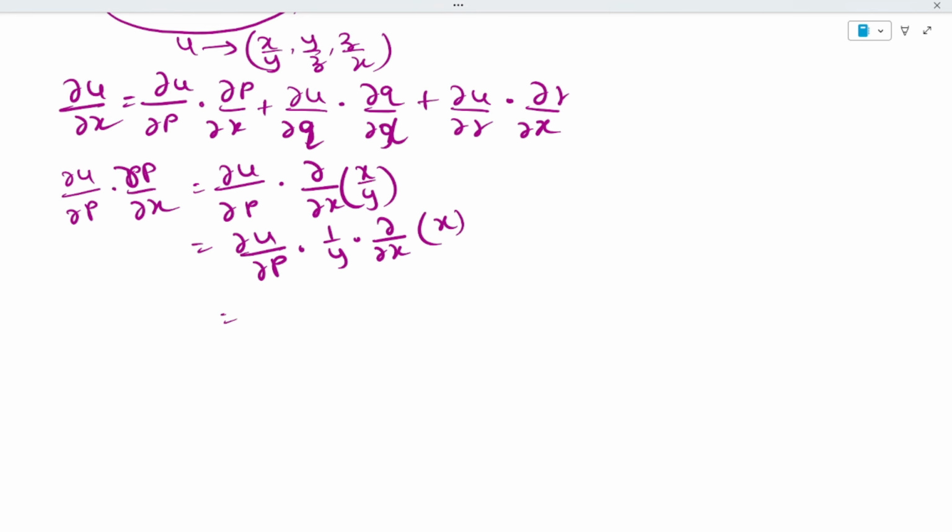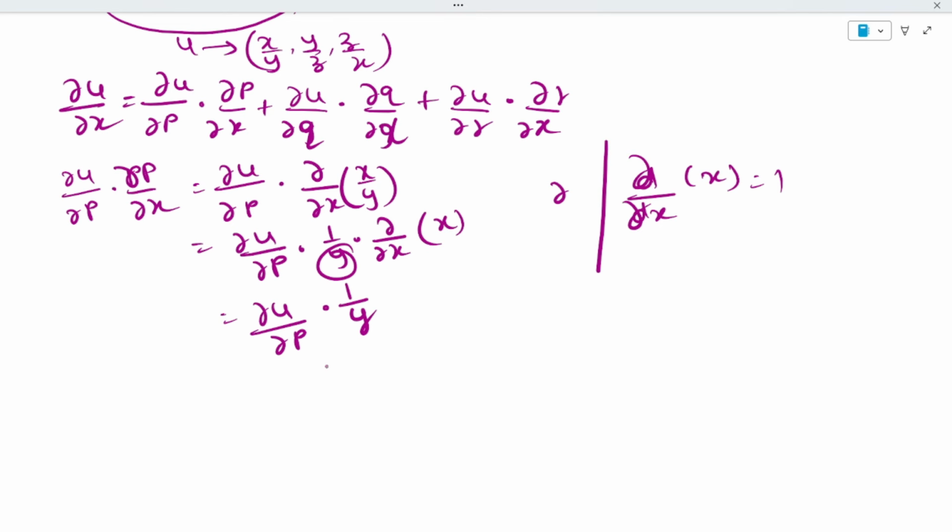Now you can substitute: it will be del u divided by del p into 1 divided by y, and d divided by dx of x with respect to x will be equal to 1.